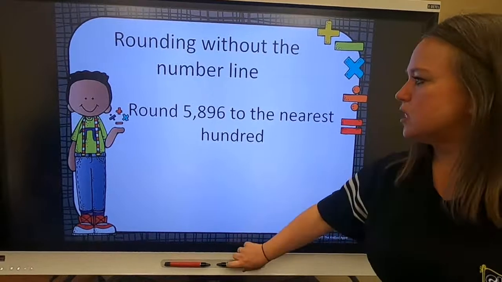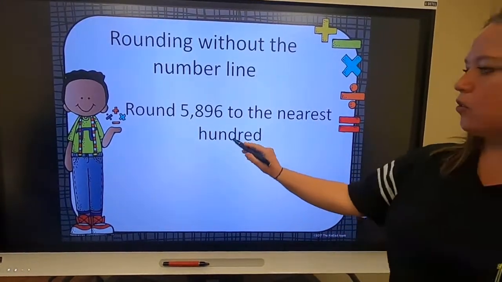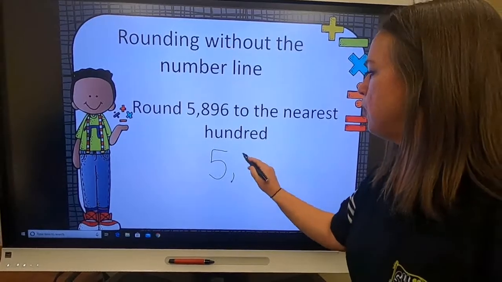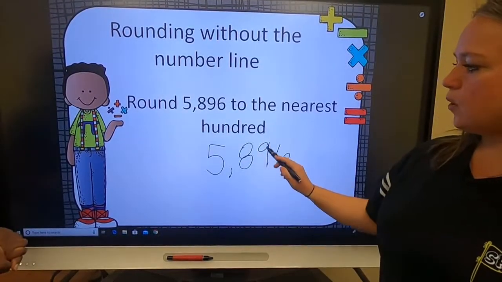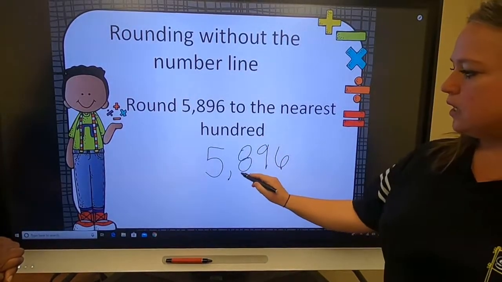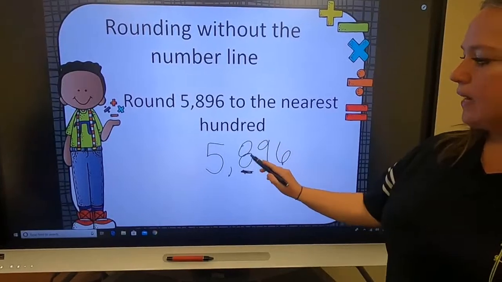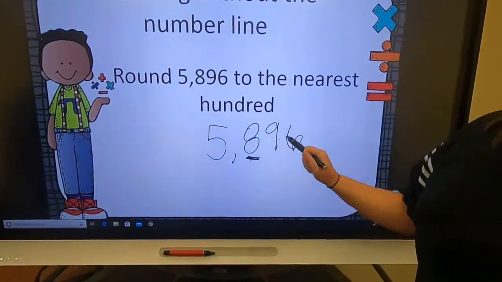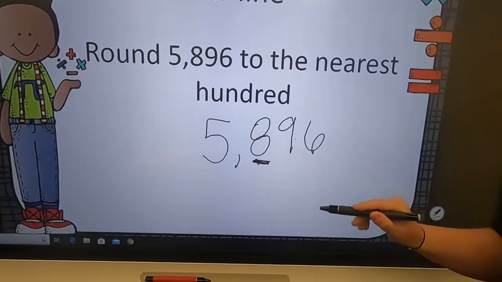So these instructions tell us to round 5,896 to the nearest 100. So I would write my number and mark my place: ones, tens, hundreds. The digit behind the digit we're rounding will tell me what is going to happen with that place that we're rounding.